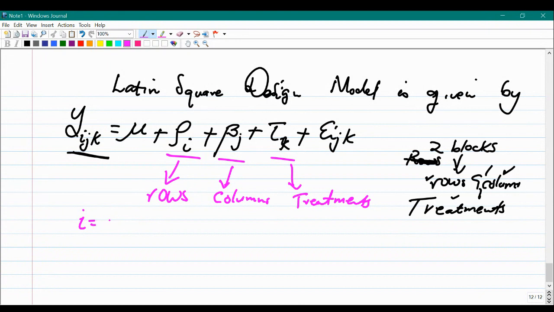I moves from 1, 2, 3, up to what? Same applies to J: J moves from 1, 2, 3, up to a certain value. And the last one is K, which ranges from 1, 2, up to what?